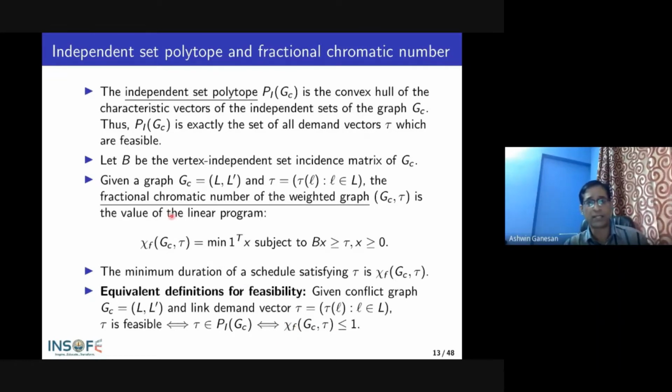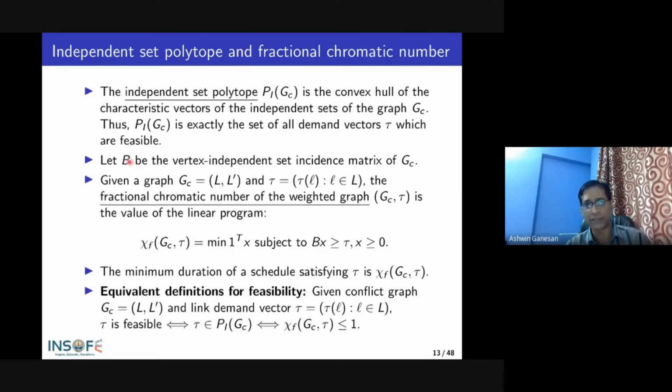Let me just quickly define it. So if B is the vertex-independent set incidence matrix of the conflict graph, then you can look at this linear program: minimize 1 transpose x. B is a 0-1 matrix where, if the ith vertex is in the jth independent set, then the ijth element of the matrix B is 1, otherwise it's 0.